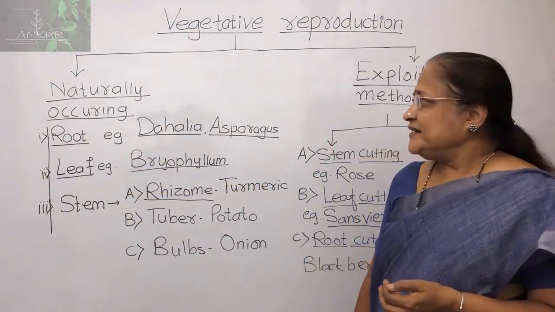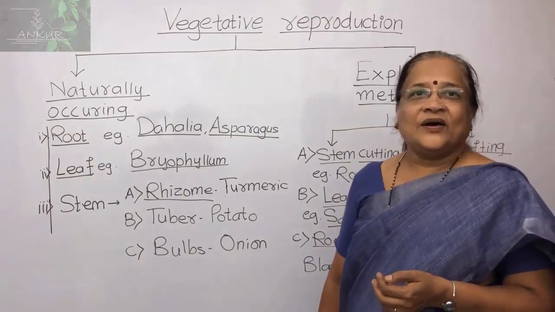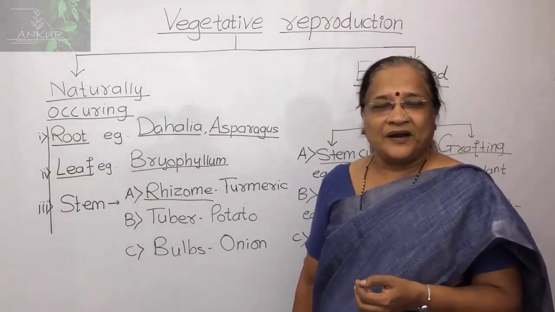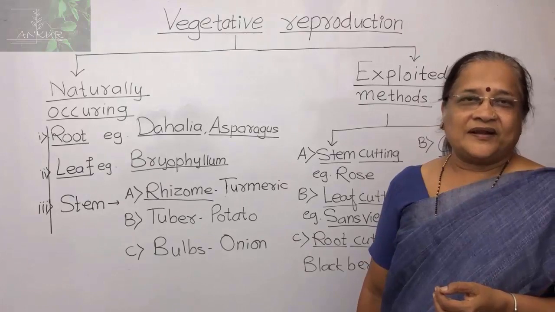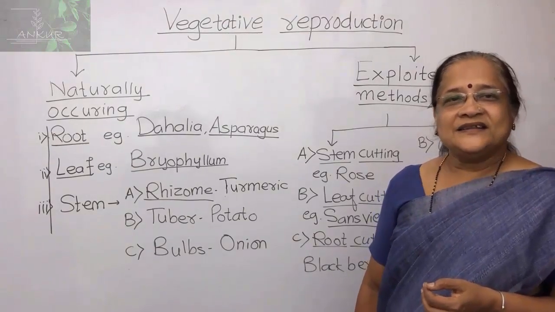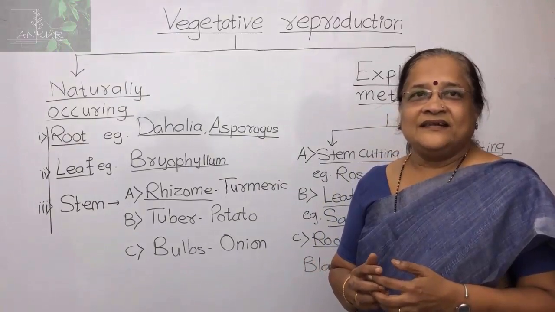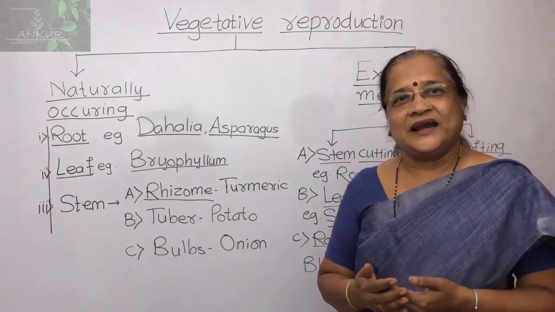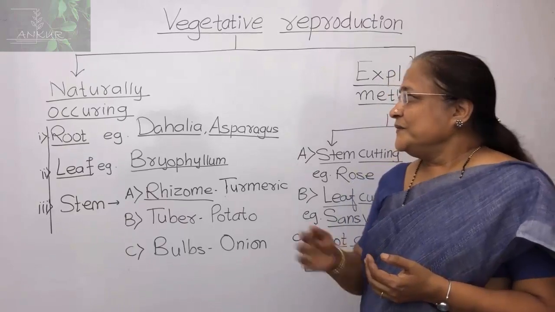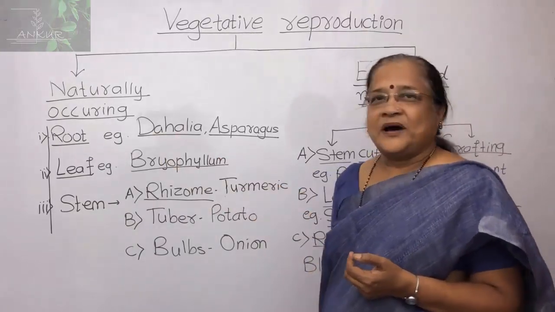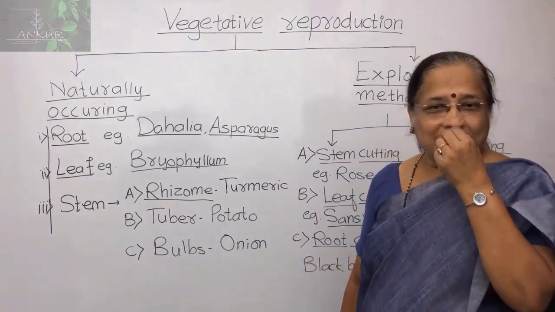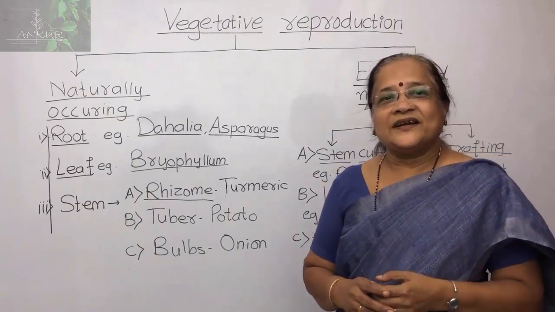We are going to see some examples of these various parts of the plants which are used for propagation. The plants we get after this propagation are identical to the parent plant. The first part is the root.